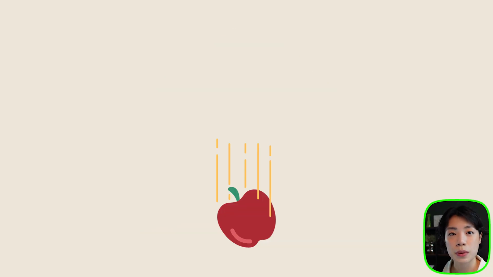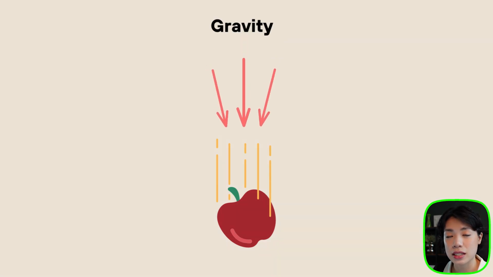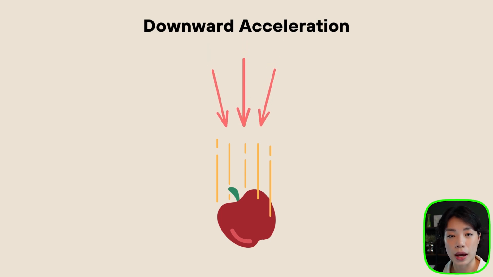So imagine an apple that is falling from an apple tree. It is being pulled down by gravity, and gravity is essentially acceleration, a downward acceleration of a magnitude of 9.8 meters per second squared. You don't need to remember any of that. All I'm trying to say is that an apple is falling downward at a constant acceleration, but the speed is increasing as it comes down, meaning that it's traveling at a greater speed every second.